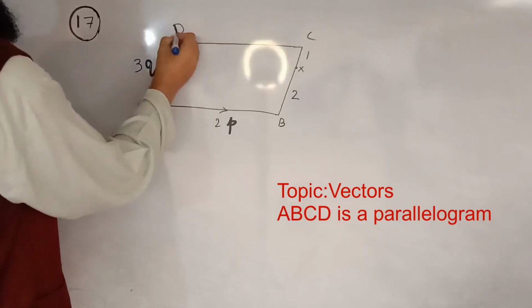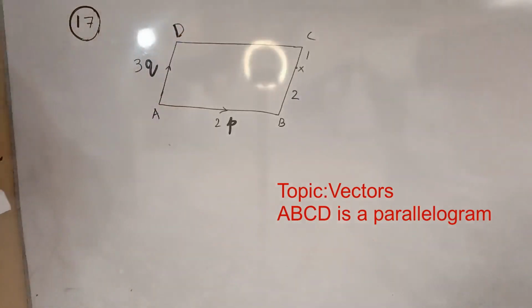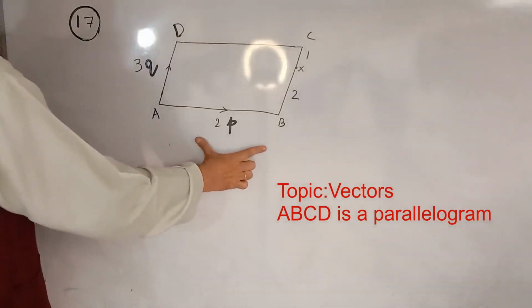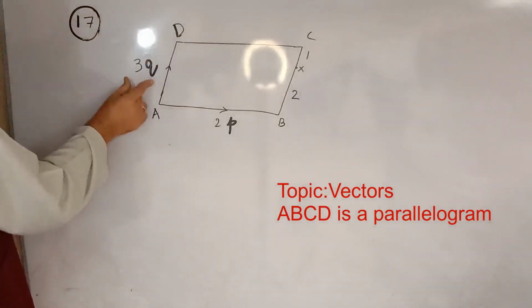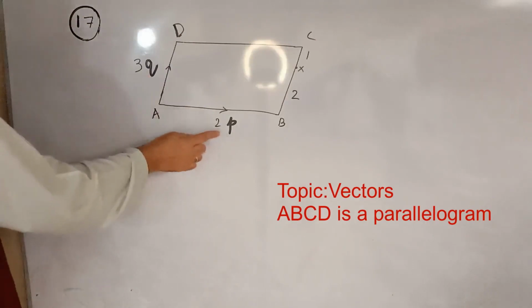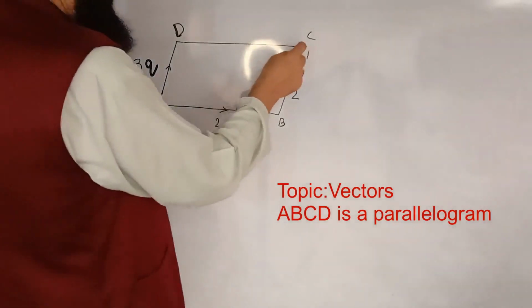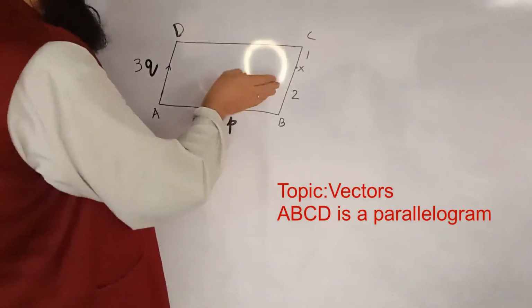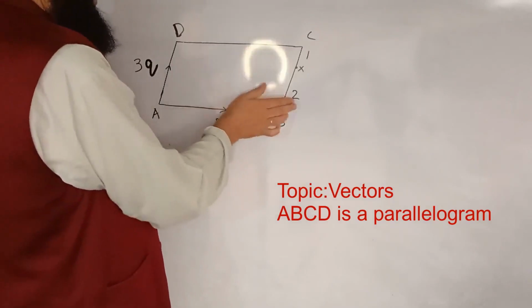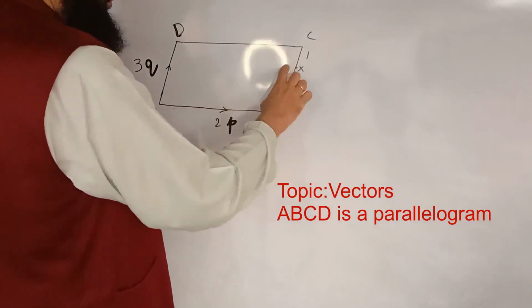A, B, C, D. It is given that AB vector is 2P and AD is 3Q. Q is a vector, P is a vector, 2 and 3 are scalar numbers. And also X is a point on this side BC such that it divides the length BC in the ratio 2:1. This is 2, this is 1.